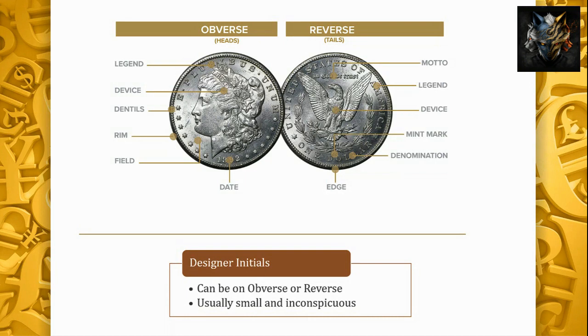So if you don't see the designer initials, it doesn't necessarily mean it's an error coin. It could just be the design of that coin and the years in which that coin did or did not have designer initials. One other thing about the designer initials, especially when we get into these incuse doubling items, for instance, the Bessie Coleman quarter, which you can see the video here. Go check that out for some great information on incuse doubling.